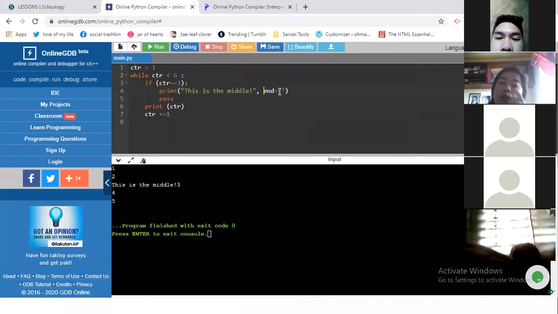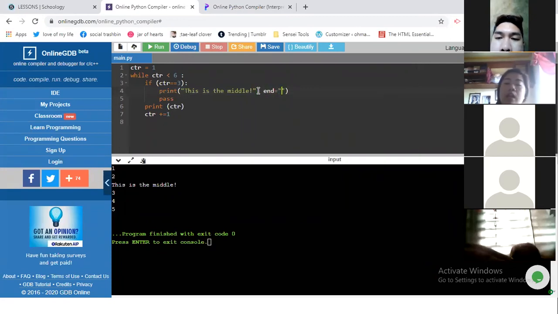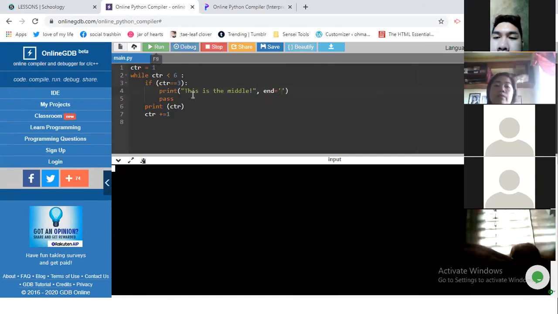Okay? So, kung wala to, tingnan nyo. Nag-next line siya. Pero kung meron, dinudutong niya yung susunod na print. Okay?